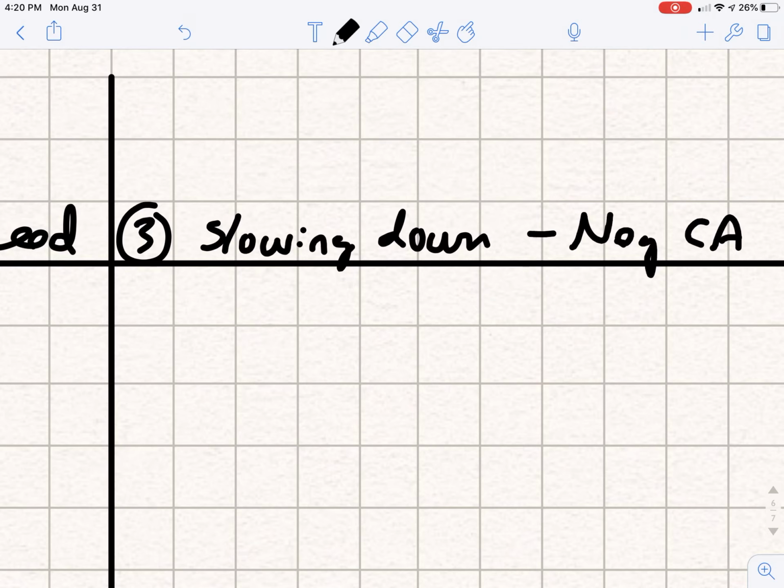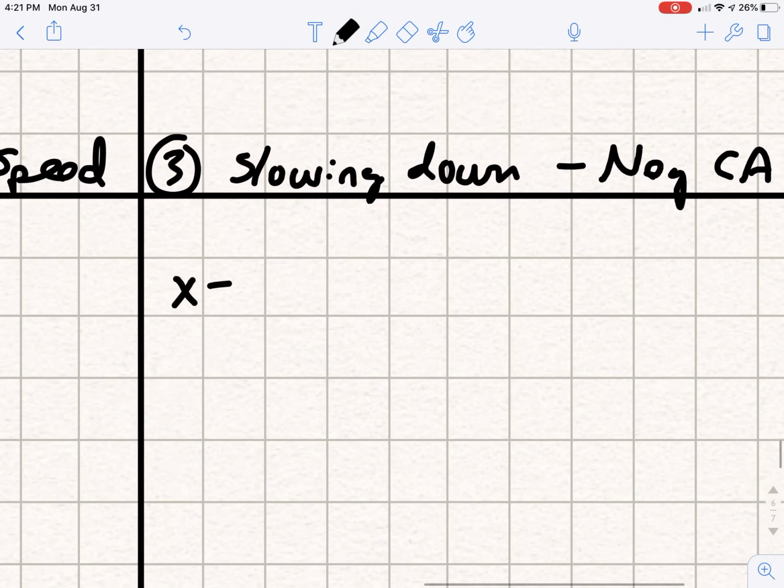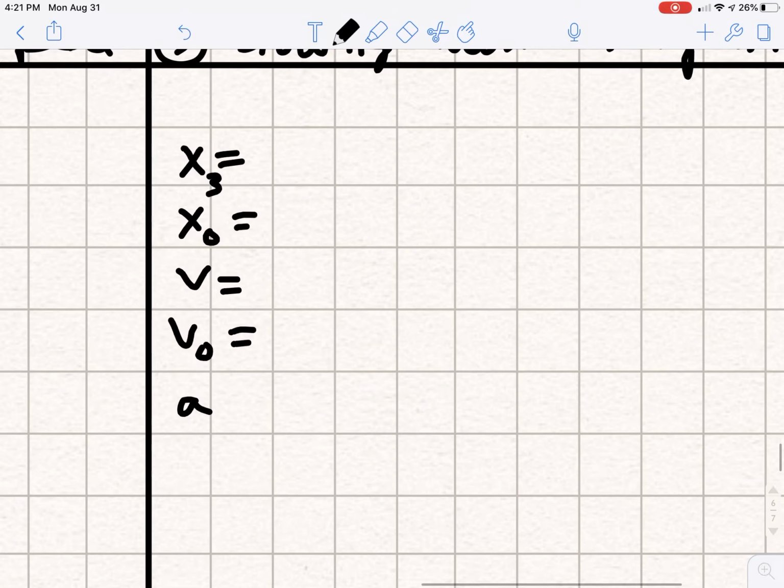List the variables, same 6 variables. x, this time it would be x3, x naught, v, v naught, a, and t. Well, what do we know about that third time segment?